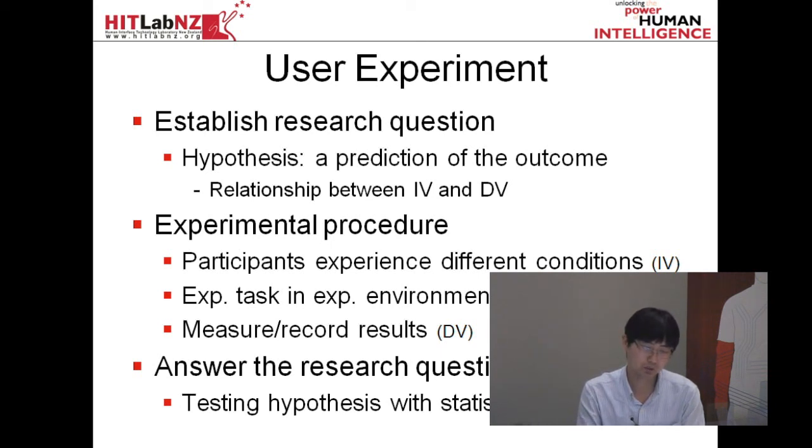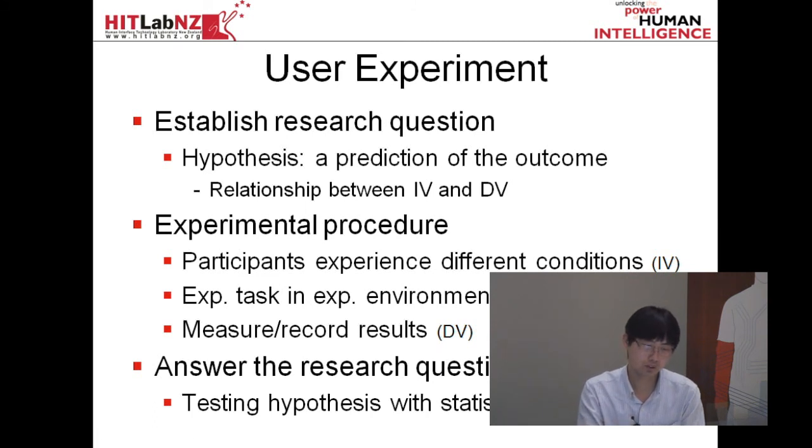So you carefully plan for the procedure and run the participants through that procedure. And once you've run the experiment, then as an outcome, you'll have a bunch of measures depending on different conditions. And then you run a statistical analysis on those quantitative measures and test if your hypothesis was correct or wrong.